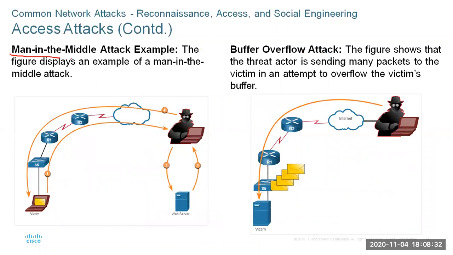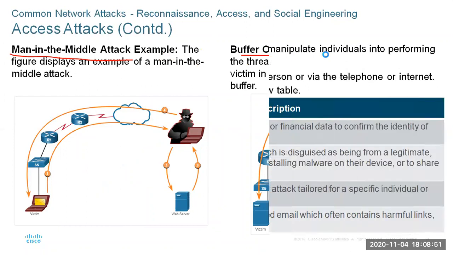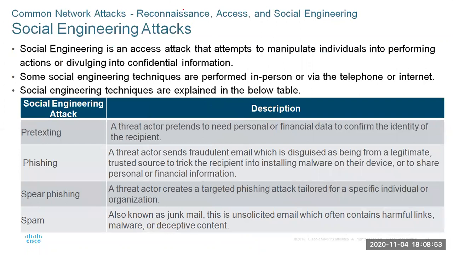Then we have man in the middle, which we have talked about, where the threat actor stays between the server and the client. We have buffer overflow as another example. Then the third type of common network attack is social engineering.